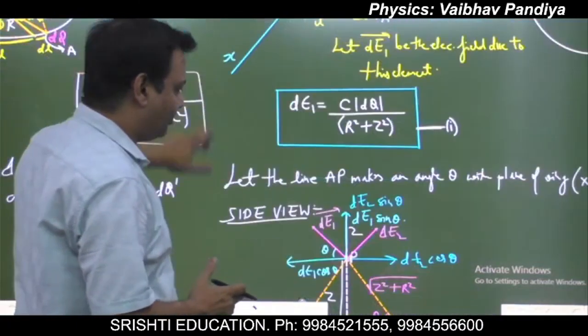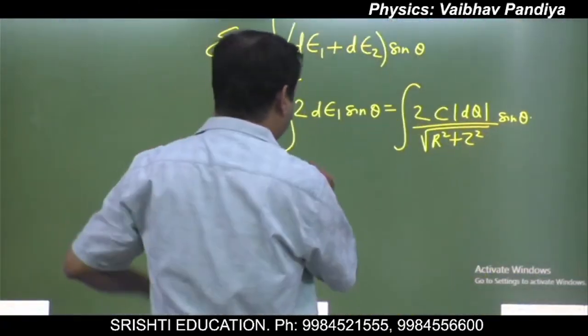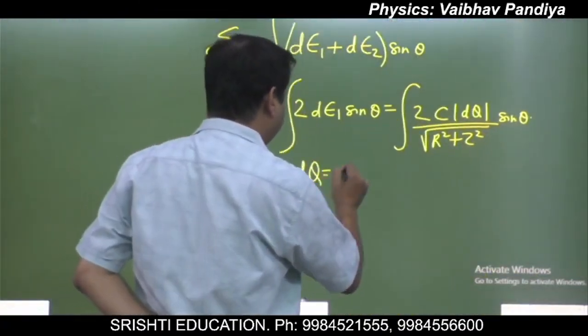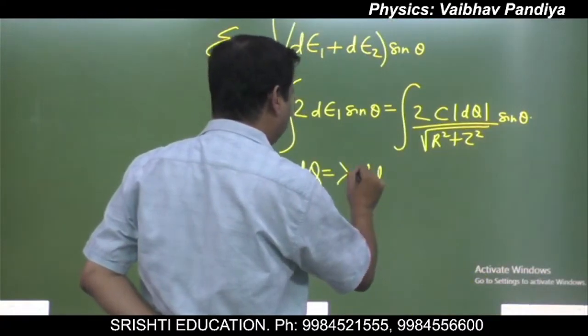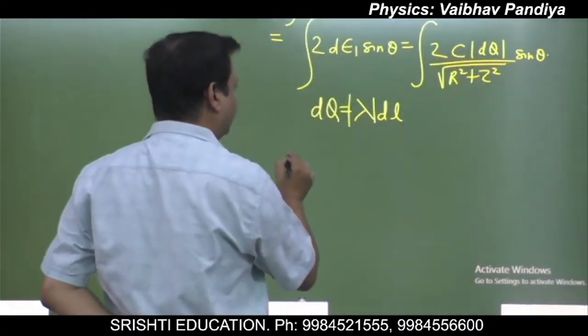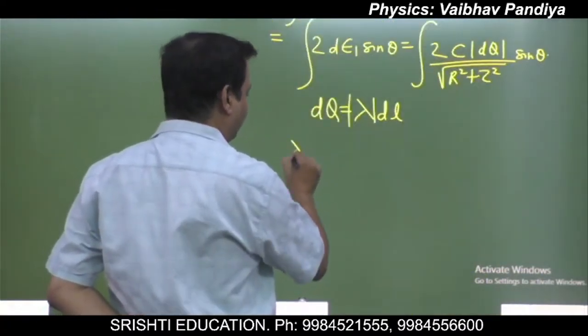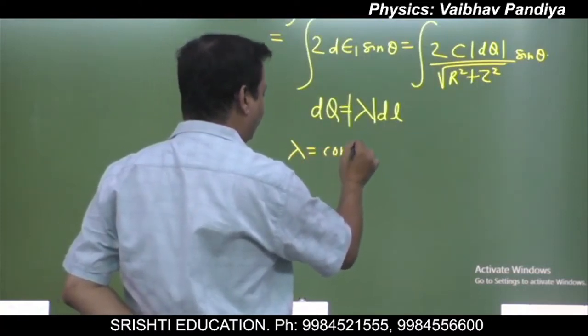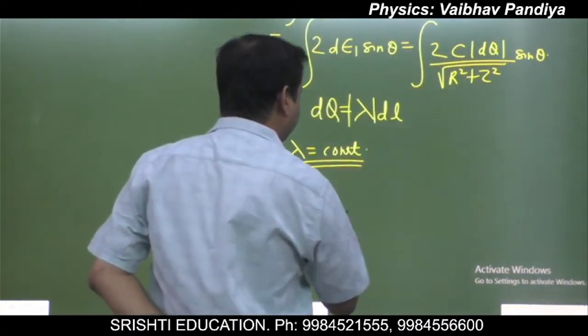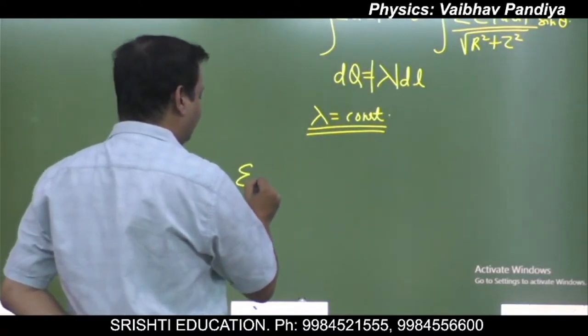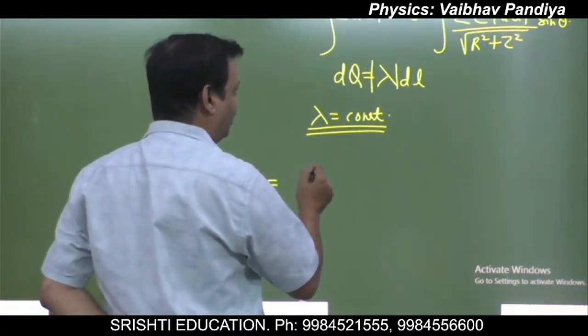So theta is also constant. And dq, we can write lambda times dl. So lambda can be taken out also because lambda is constant. Right now we are talking about a uniformly charged ring. In case of a non-uniform charged ring, lambda may not be taken out of the integral.